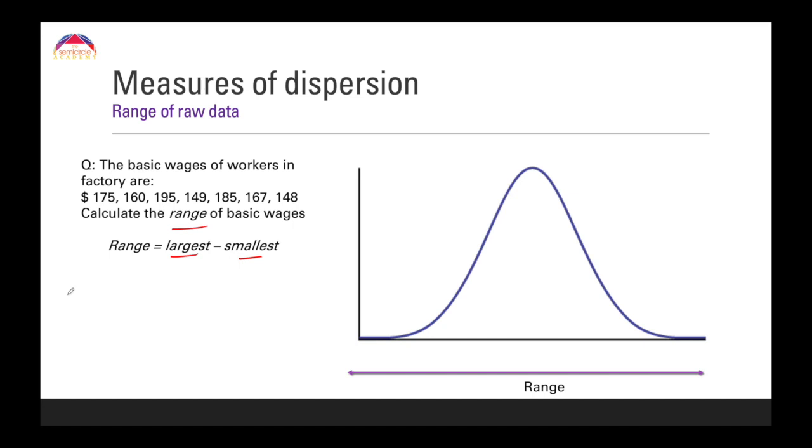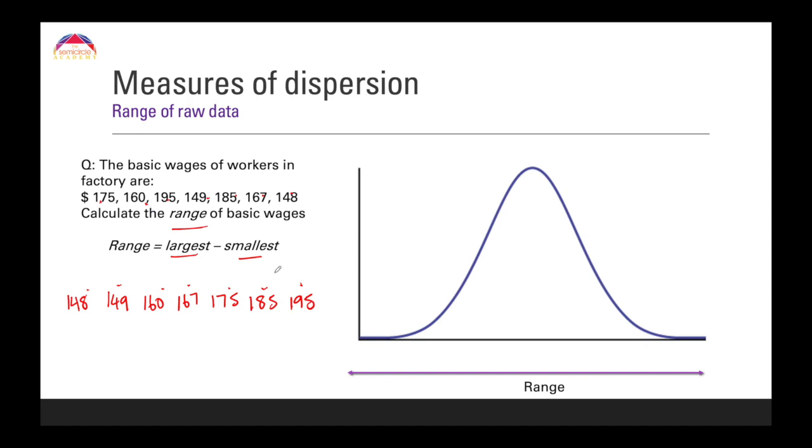What I have here, 148 first, and then what? 149. 1, 2, 3, 4, 5, 6, 7. Yep, that should be it, right?